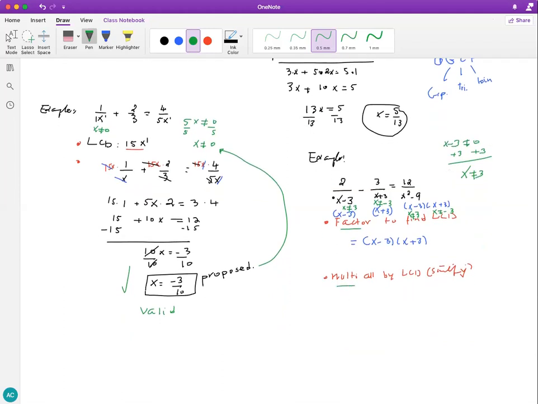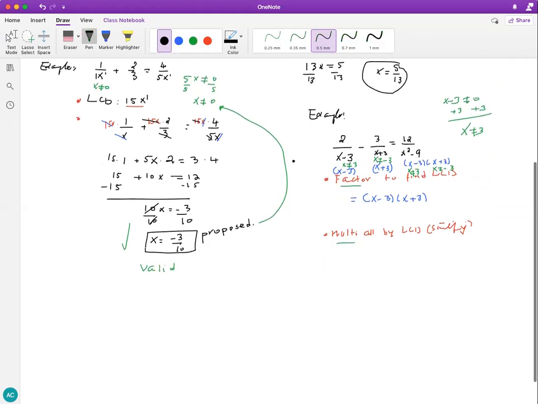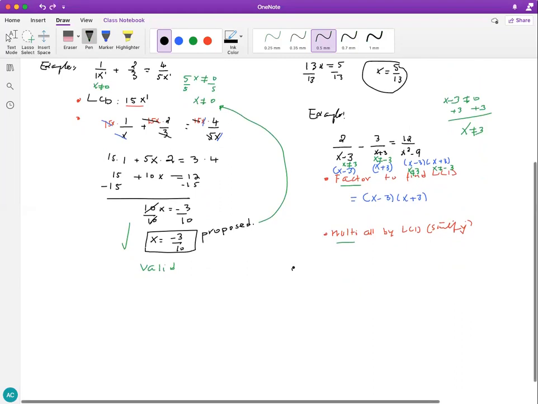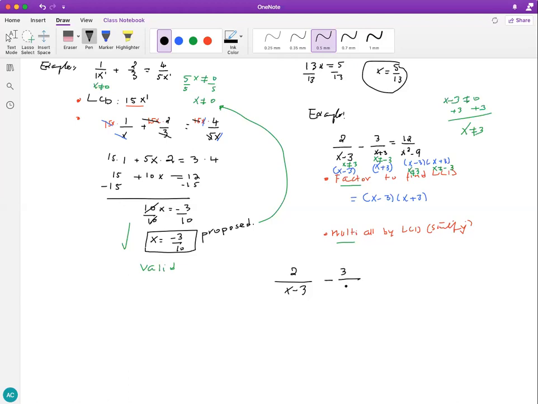I'm going to rewrite the whole equation again. So this 2, 2 over x minus 3, and 12.